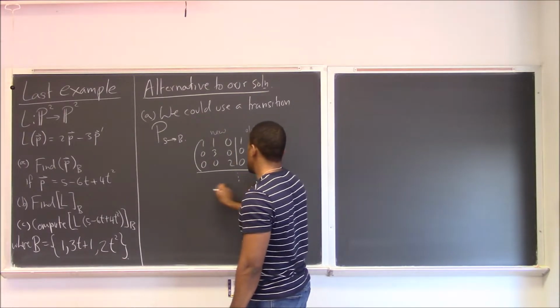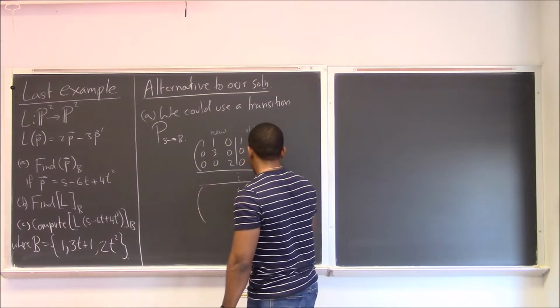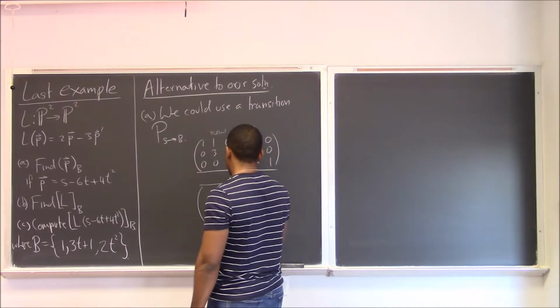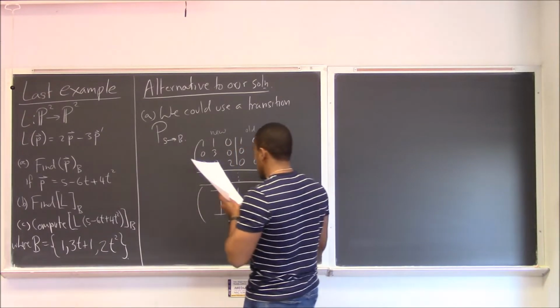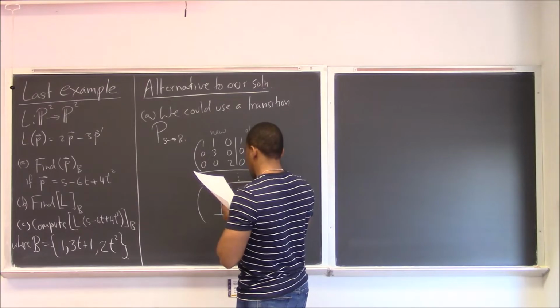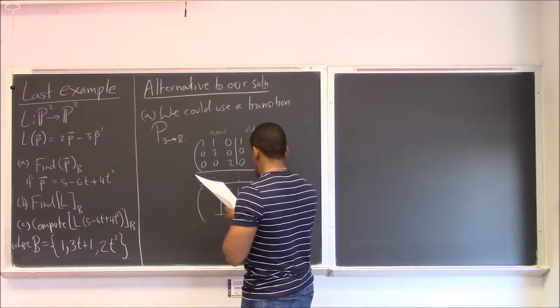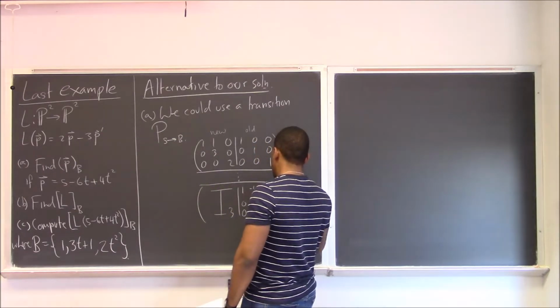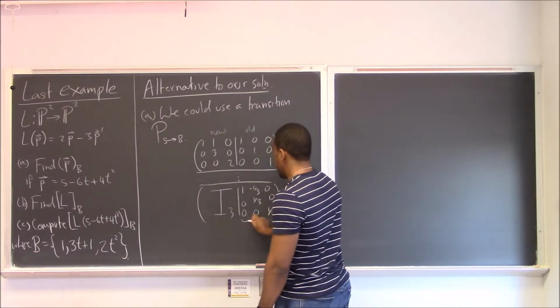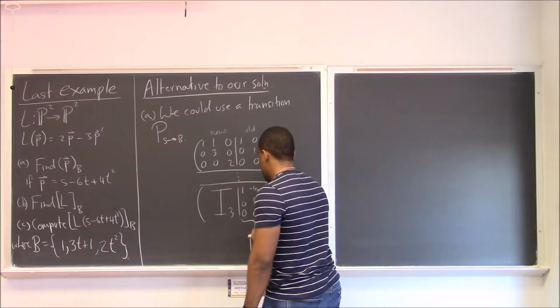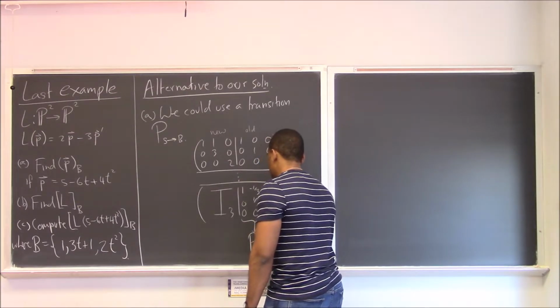And so by doing that, we get I3 on this side. And on this side, you'll get this guy, 1, minus a third, 0, 0, 1/3, 0, 0, 0, 1/2. And so this guy here would be your transition matrix from S to B.